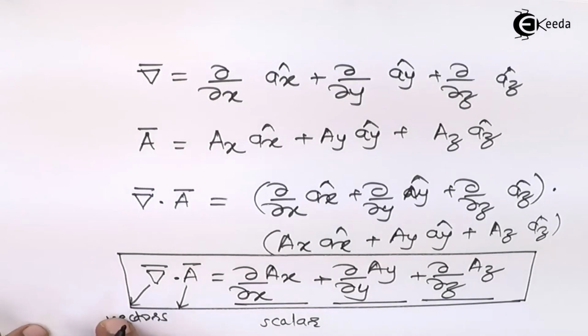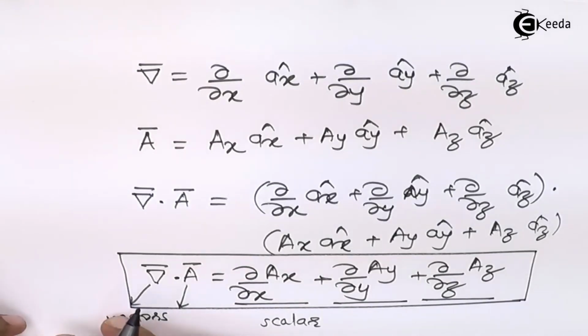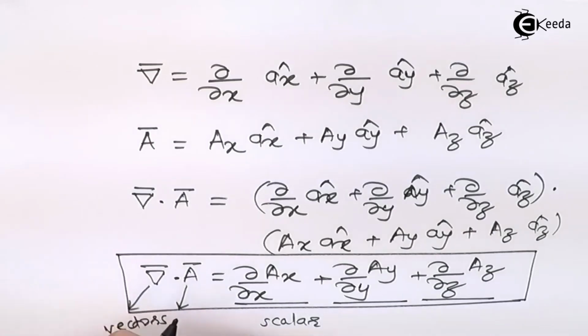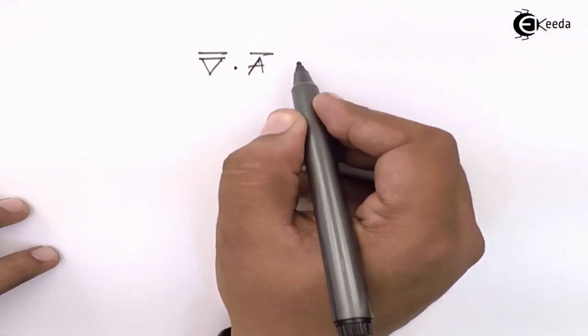Now if it is the case that for any vector A the divergence is equal to 0, so let us have the representation: divergence of A bar is equal to 0.